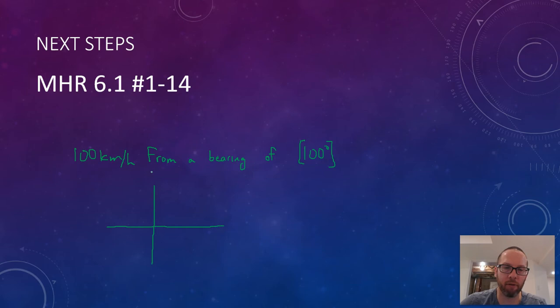We've talked about this: from 0, there's 90, it's from north, so 100 degrees is kind of like here. If a question says it's 100 kilometers per hour from a bearing of 100, that means it's coming from here and actually moving up and to the left. That means the wind is not blowing in a southeasterly direction. It's actually blowing in a northwesterly direction.